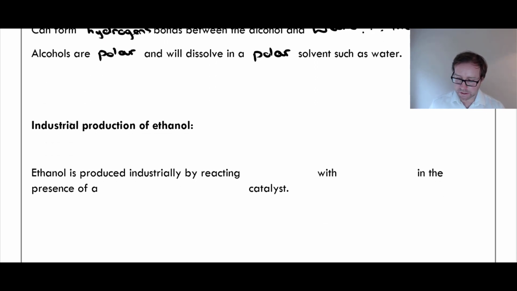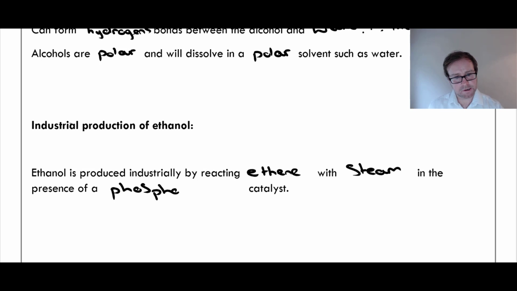Okay, so the industrial production of ethanol. Ethanol is produced industrially by reacting ethene with steam in the presence of a phosphoric acid catalyst.